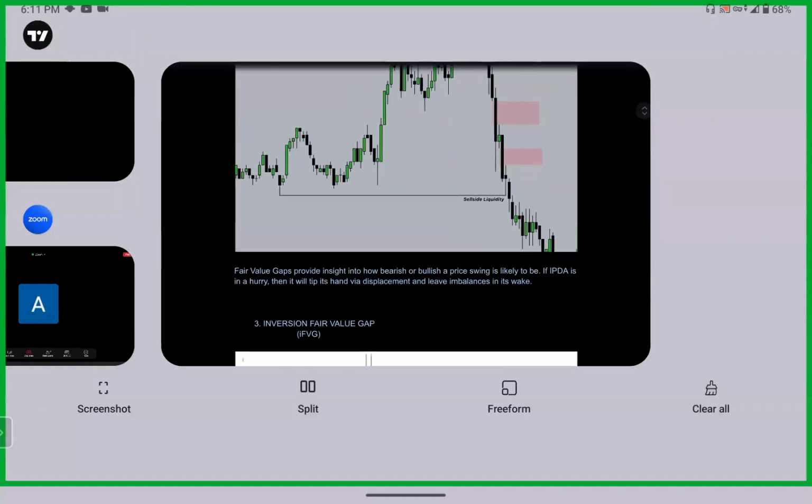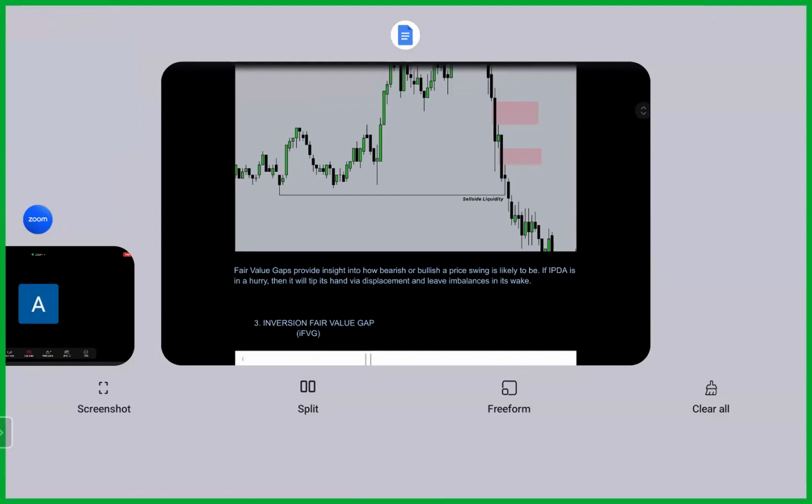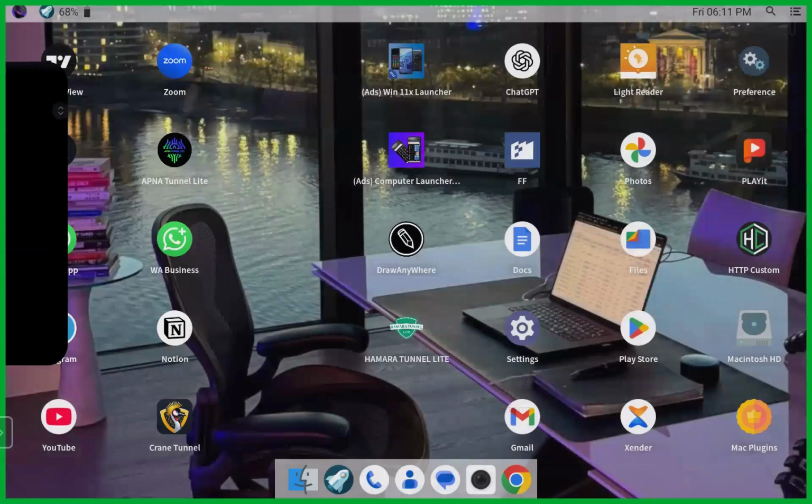These are the fair value gaps. Any gap that you see that is unfilled, of course later it may be filled, but price taps on them and bounces back.